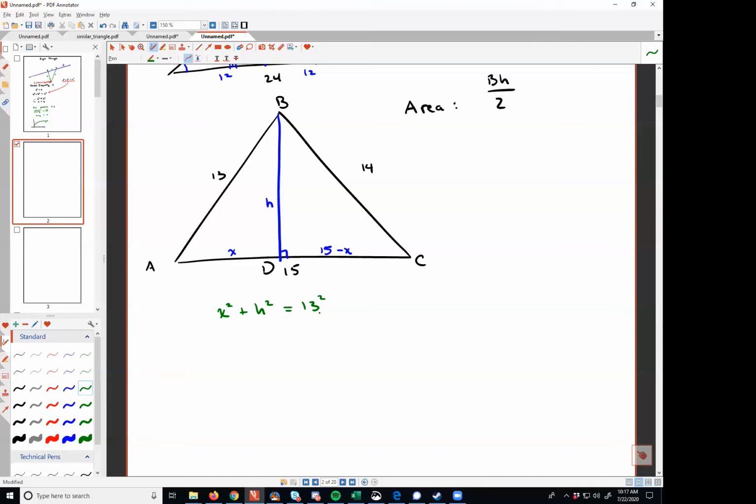ABD and CBD both have right angles. They're both right triangles. For one of them, we used the Pythagorean theorem. What about the other one? We could still use the Pythagorean theorem and then maybe equate both equations to h.